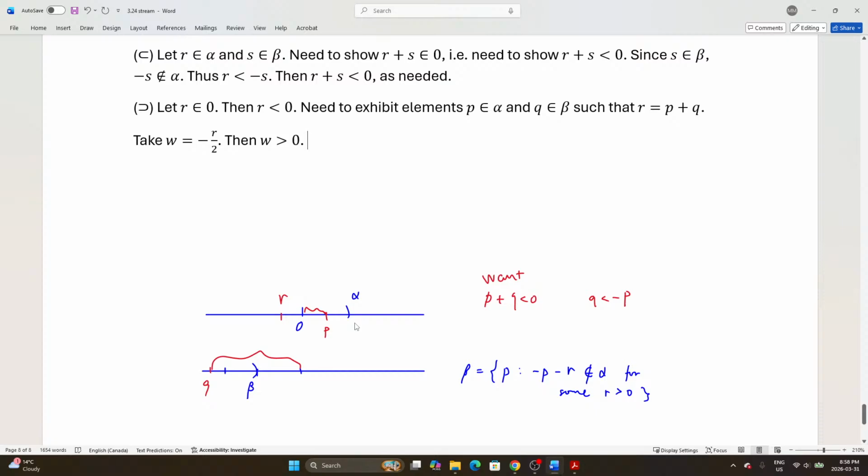Here we have a positive number W. We can find an integer multiple of W that is not in alpha. So this is what we're going about.